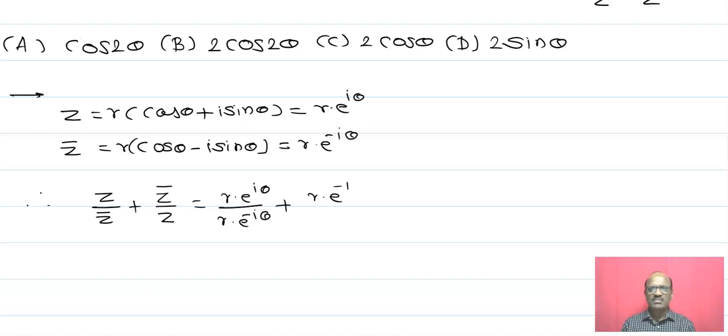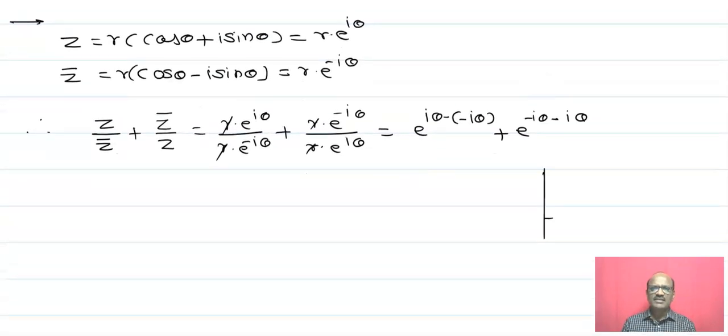Z upon z bar plus z bar upon z is equal to, the r gets cancelled, and by the law of indices, that is e raised to i theta minus (minus i theta), plus next is e raised to minus i theta, and it is written as minus i theta by using the law of indices.